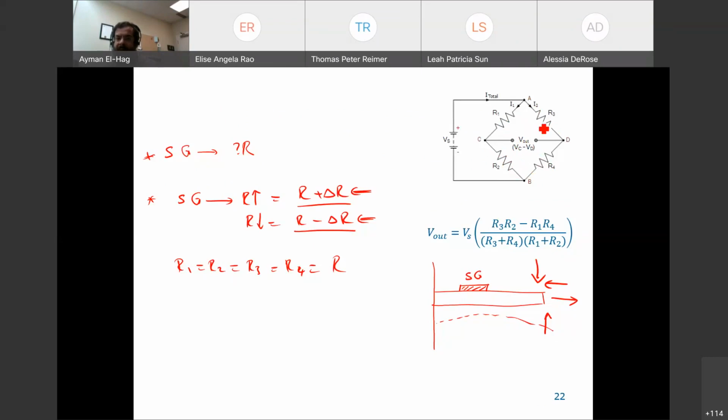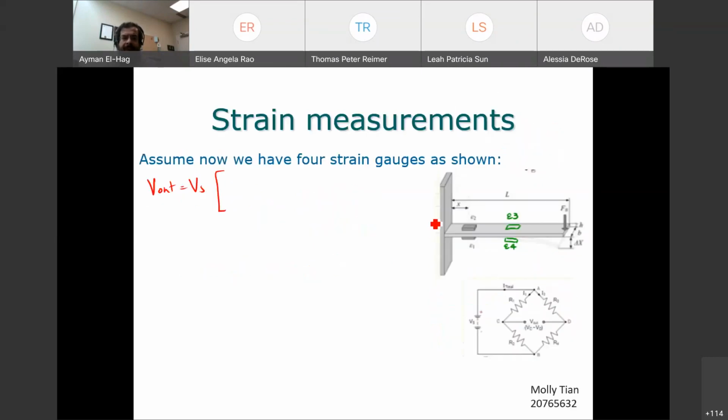So R3 R2 minus R1 R4 divided by R3 plus R4 times R1 plus R2.